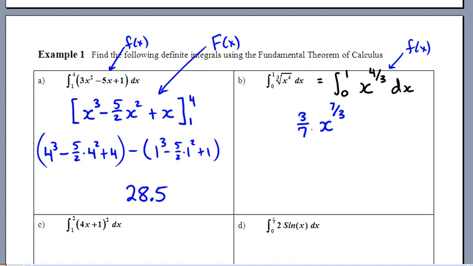That way, when the 7/3 comes down, it'll just vaporize. It's gone. Okay, evaluation box, 0, 1. Put the final number in first, so I'm going to put the 1 in first. You end up with 3/7, and then you subtract off putting in the initial number, the 0. Okay, the perfect area is 3/7.